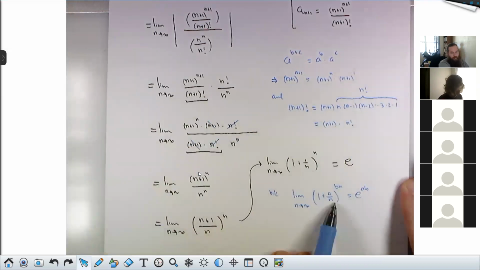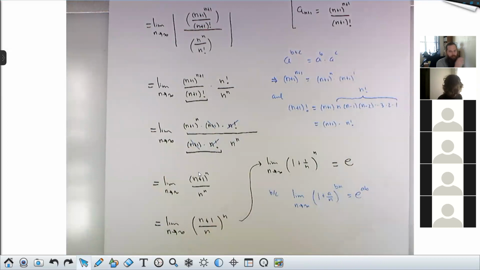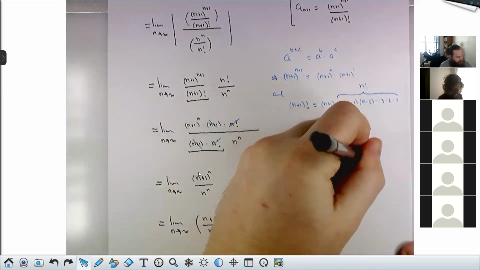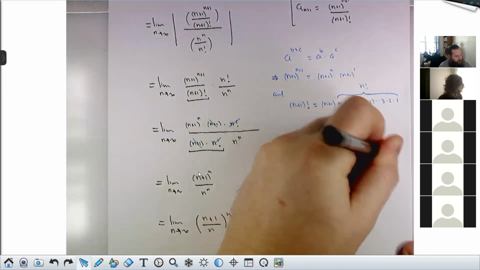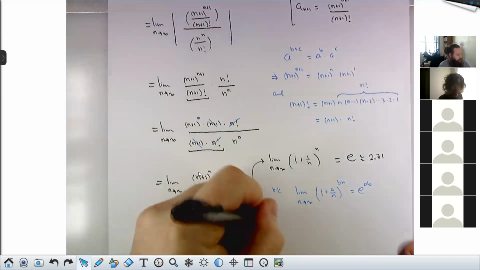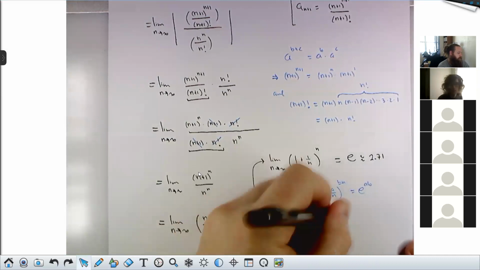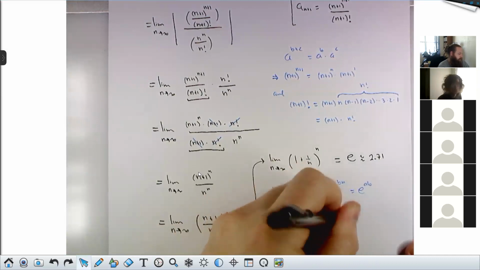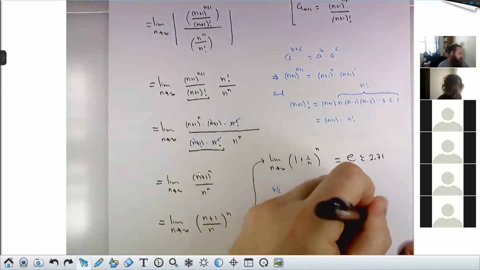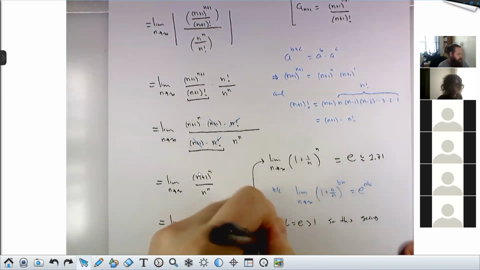So this is this with a and b both equal to 1. Now we know how big e is, it's about 2.71. So L here is equal to e, which is larger than 1. So this series diverges.